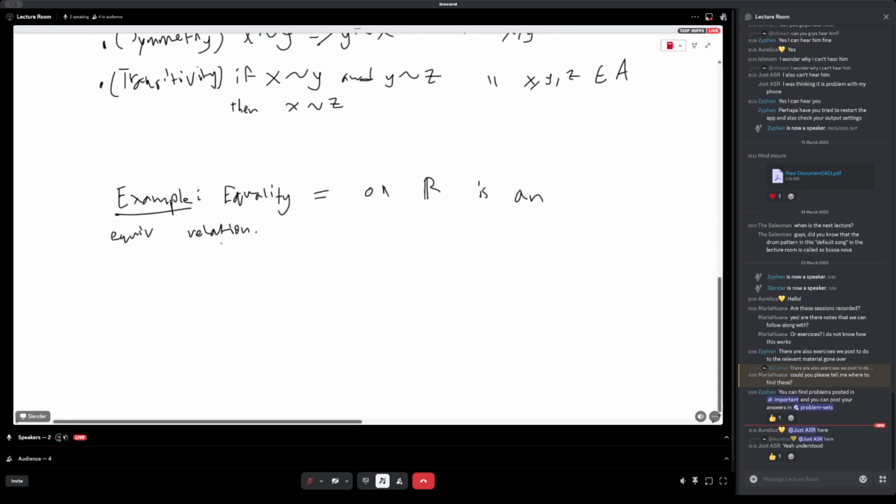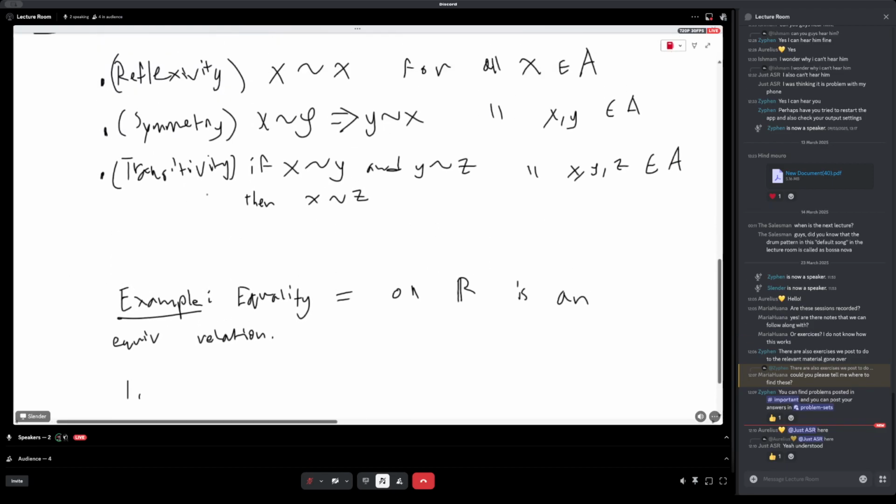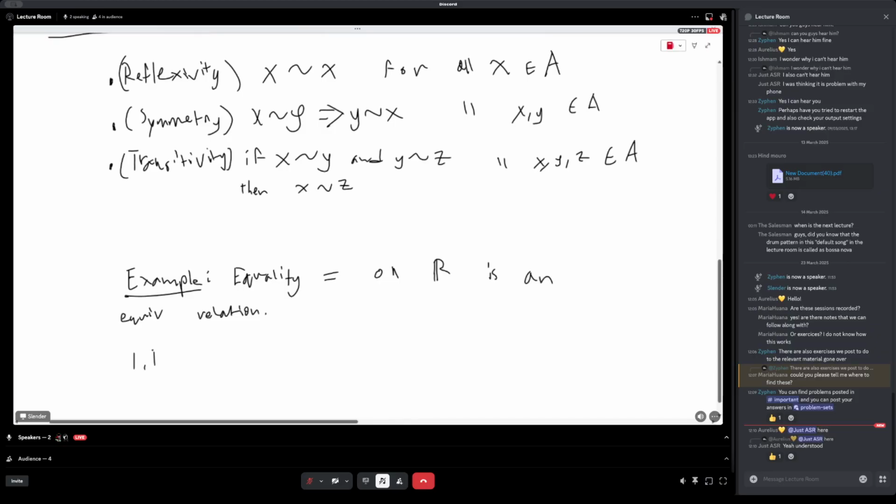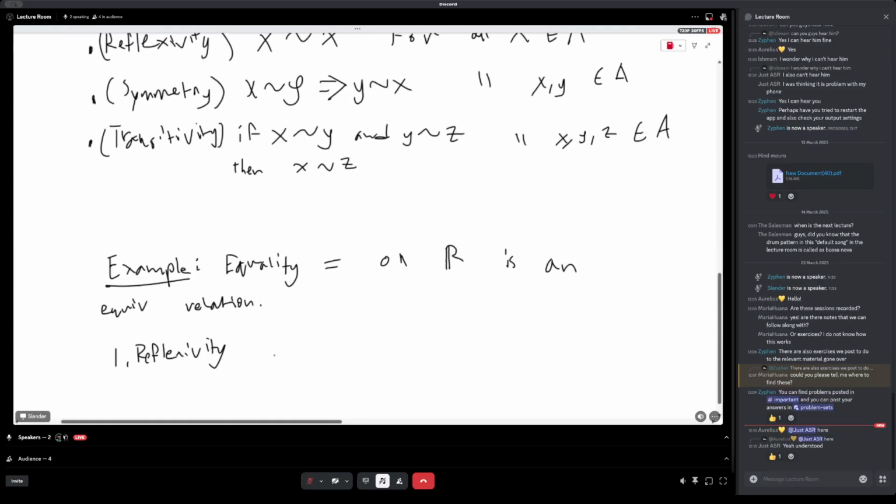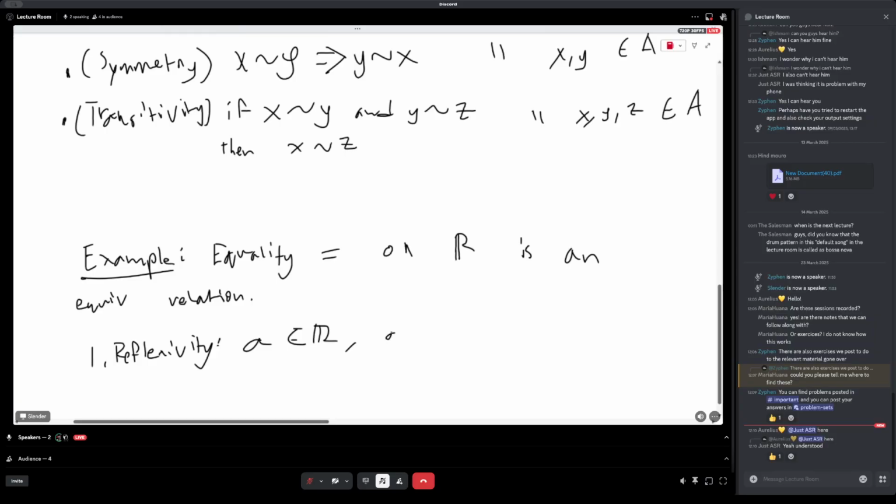So let's look at why. Firstly, it satisfies reflexivity, because if you take any real number A, then we always have A equals A. This is always true.